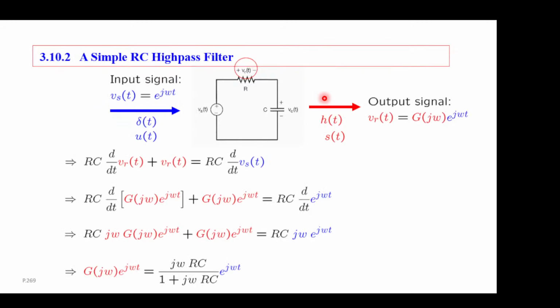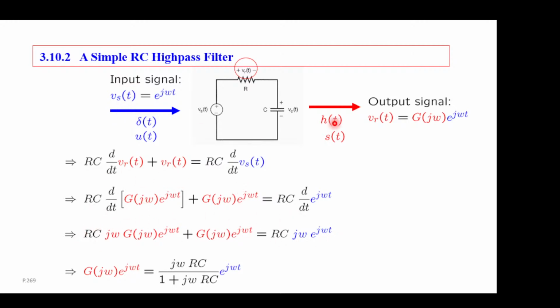Okay, so we talked about the low-pass filter, so now let's talk about the high-pass filter. For the high-pass filter, you can basically do the same circuit. So it's still an RC circuit, but now you use the voltage across your resistance as your output. Anyway, let's skip the physics and also skip the calculation.